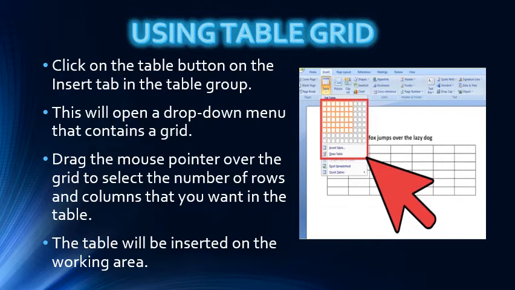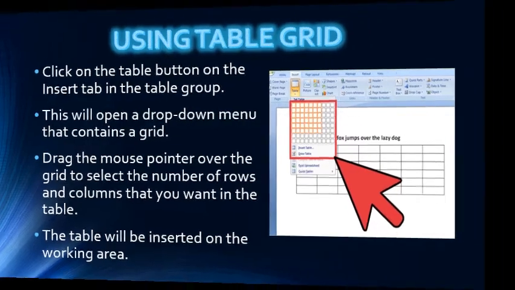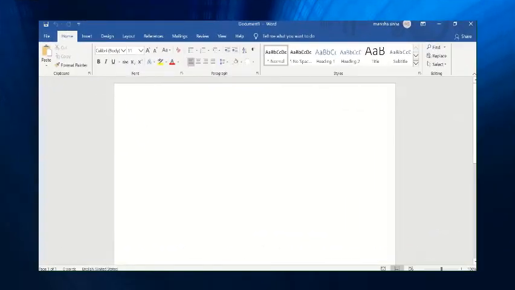That many rows and columns will appear in your document area. This is the first method to insert a table inside our Word document. We can organize data in tabular form in this table.